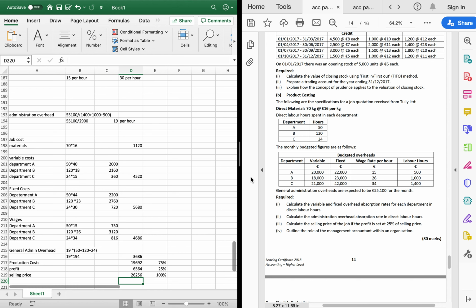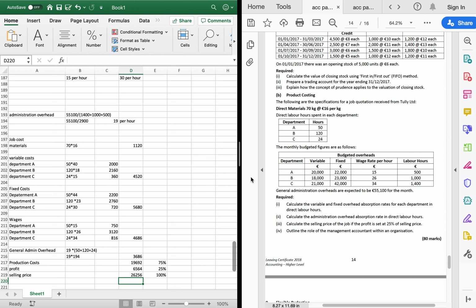The role of management accountants within the organization, just in theory. So management accountants do all this sort of work. They work at cost centers, they control costs, they do budgets, they gather up all the data, they help with the pricing of jobs, all the stuff we've been doing in the last while.